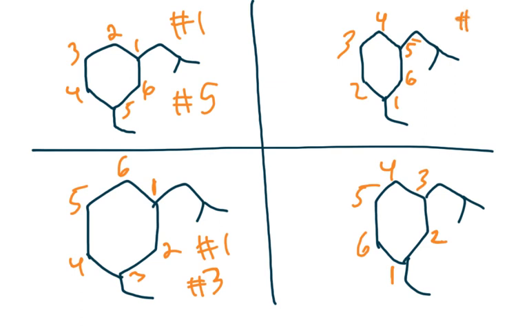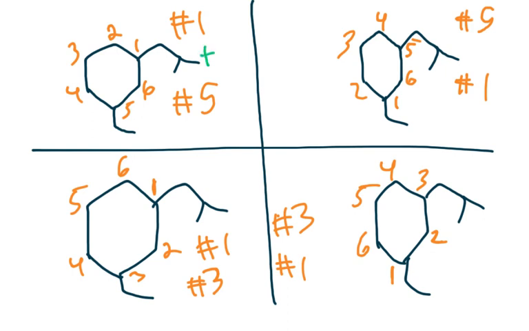Carbon number 5 has a substituent, carbon number 1 has a substituent, and then the last one right here, carbon number 3 has a substituent, and carbon number 1 has a substituent. If we're just comparing the left side, who wins? What are the least carbon numbers that have substituents on them? To find that, you can just add these together.